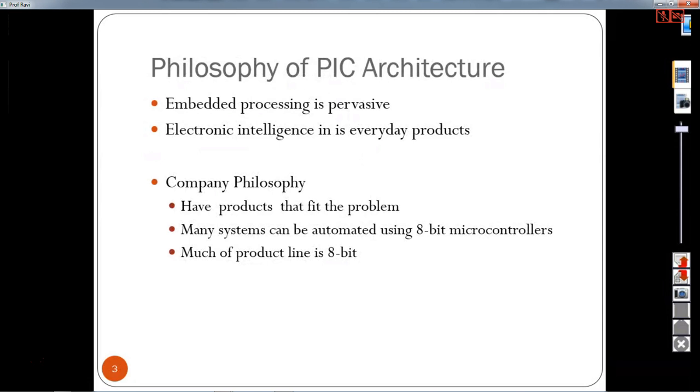So engine control is a 32-bit microcontroller, transmission control is 16-bit, audio systems are 16-bit, and the anti-lock braking system is 16-bit.